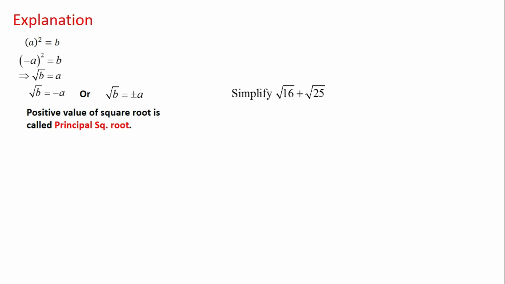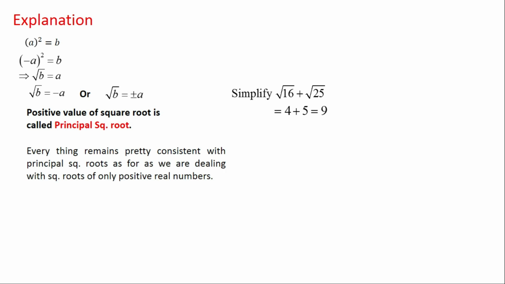We write square root of 16 equal to 4 and square root of 25 equal to 5, and then add 4 and 5 to get 9. We never think about the possibility that square root of 16 can be -4 or square root of 25 can be -5. Why do we never think about negative square roots?